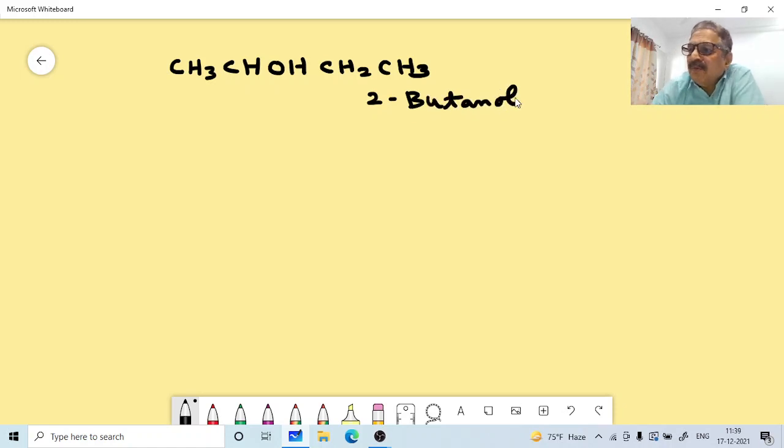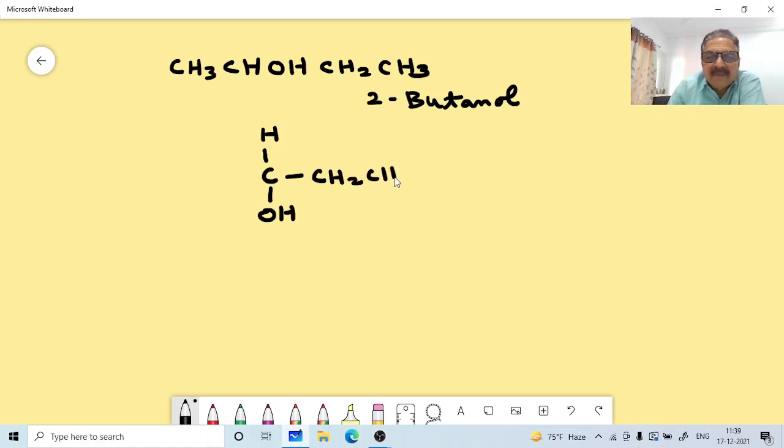Here we have to assign the priority. How will you draw it first? The molecule will be like this.